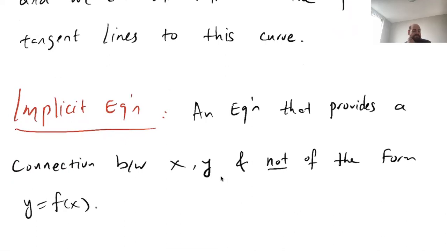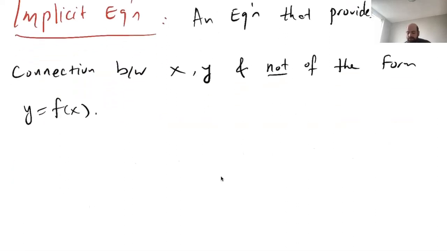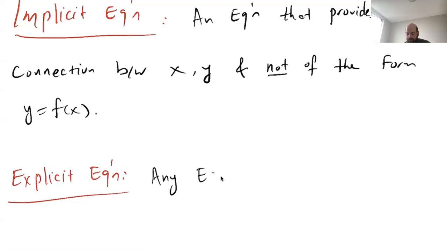Because if it's of the form y equals f of x, yes, it still is a connection between x and y, but we call this type of equation an explicit equation. So explicit equation, on the other hand, means any equation of the form y equals f of x.